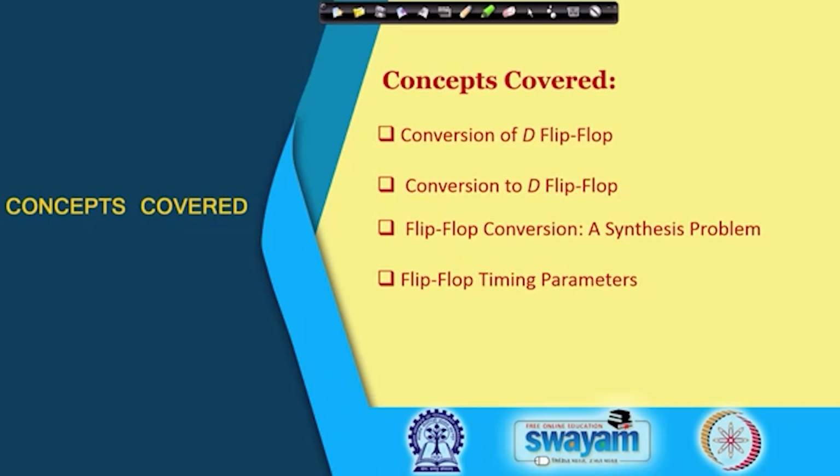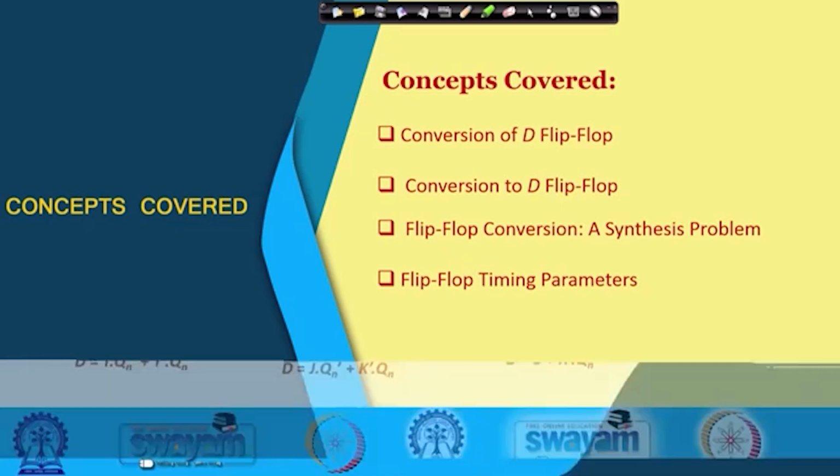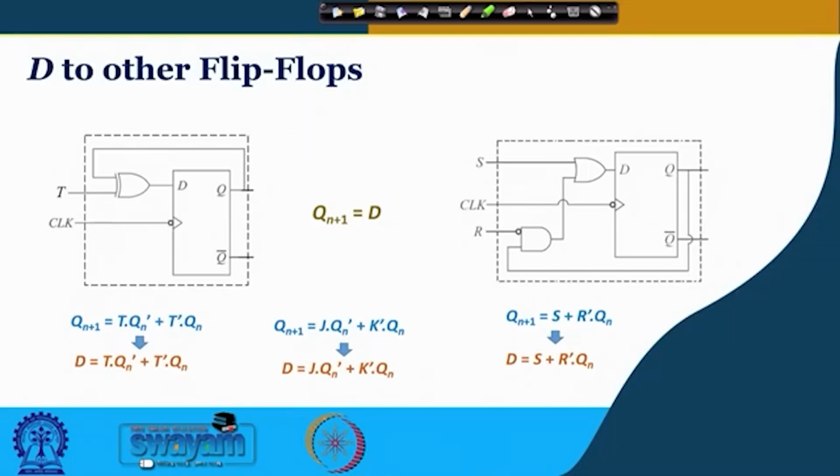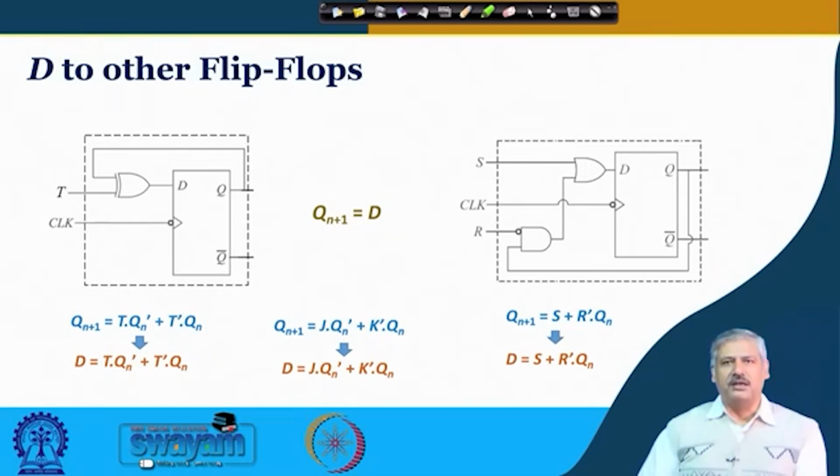So, here when we are talking about conversion of flip-flop, what we are looking at is a situation where a circuit has been designed with a particular kind of flip-flop, and in your resource, in your stock or library, you find that a different kind of flip-flop is available.